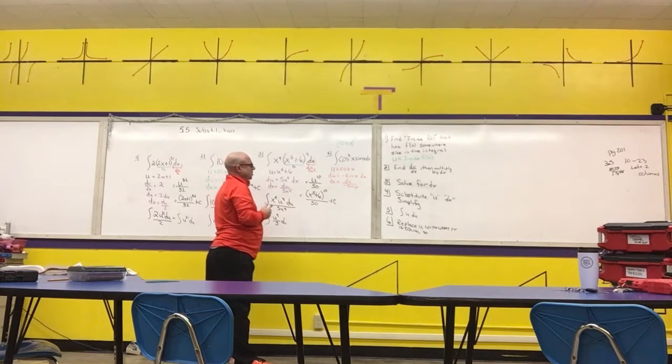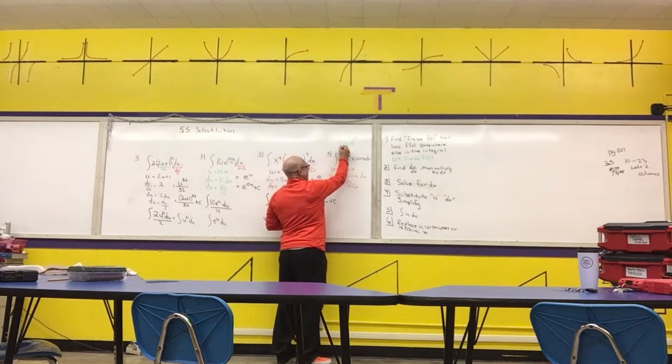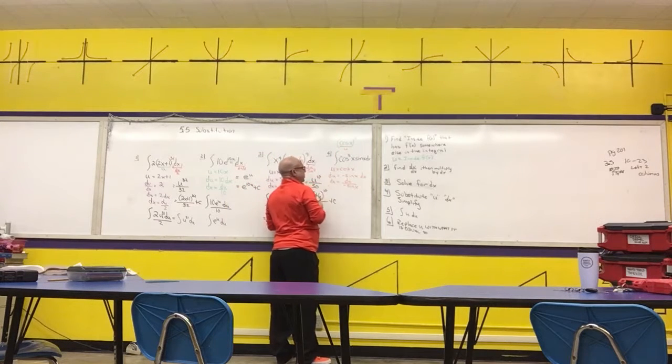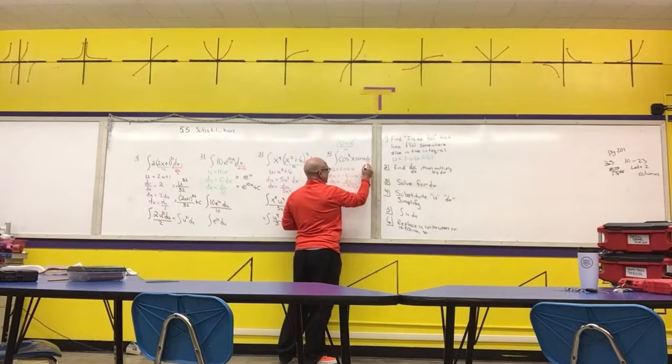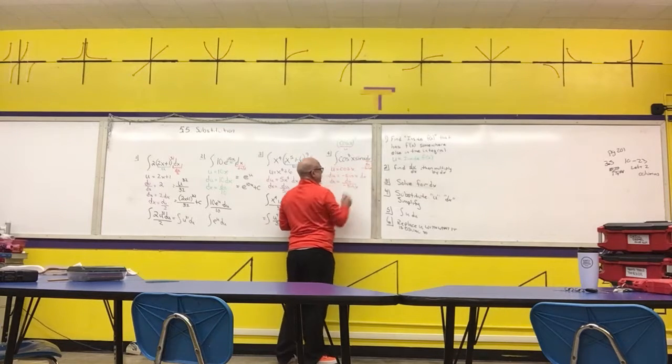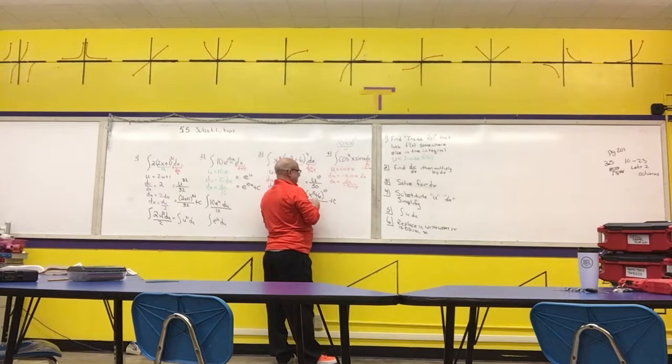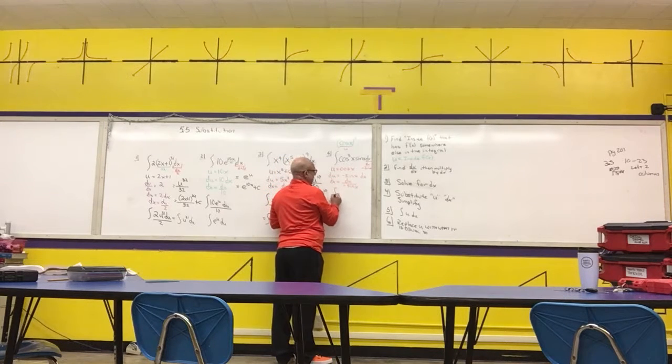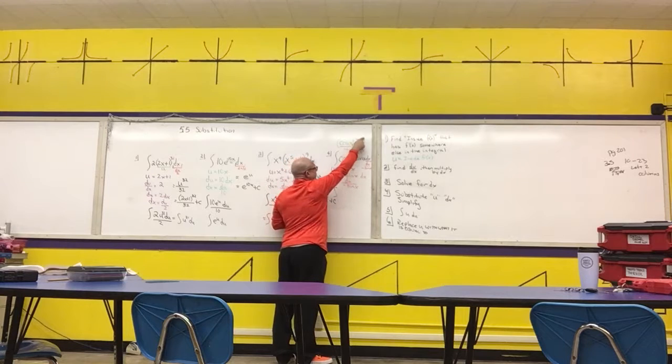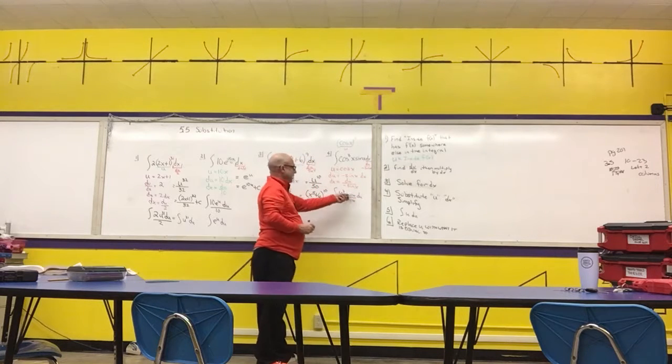Do my substitution. Where I have a cosine x, I'm going to put a u. Where I have dx, I'm going to put du over the negative sine x. So that leaves me with the integral of u cubed sine of x du over negative sine of x. The sine of x cancels.